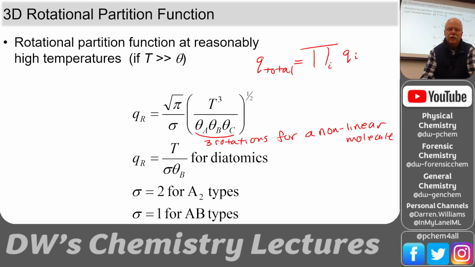So that's where the whole square root went. It was T squared to the square root and theta B squared to the square root. I don't know where the square root of pi went. So from here to there, still haven't, I don't know. But these are pulled out of the book. And so I should track that down. But anyway, this is what we have for diatomics. There's only 2 rotations for diatomics.